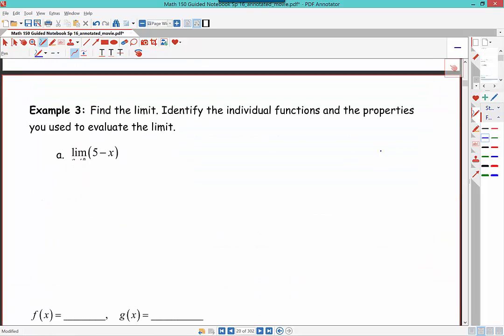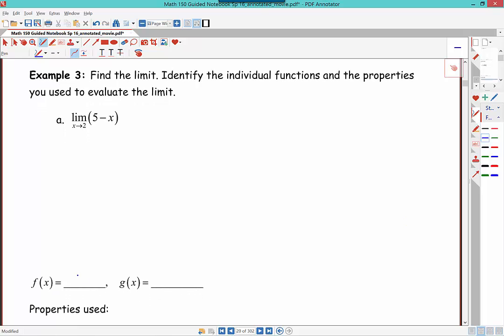We could let f of x be 5, and g of x could be x, or negative x if you want.